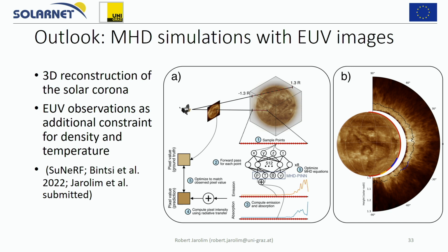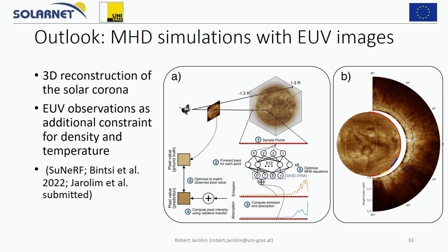So what we can have here is this mapping model again, X, Y, Z, and T, and we also take points from our atmosphere as input. Then we can output not only the magnetic field and the velocity field, but also the density and the temperature at each of those points. From those, we can compute the emission and absorption that we would observe at each of those points, which we can then use for a basic radiative transfer and match the actual observations that we have in EUV.